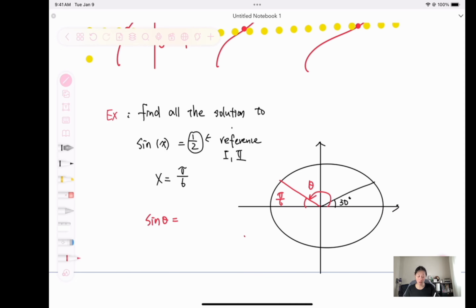So sine theta also equals 1/2. And our theta is equal to pi minus the reference angle pi over 6, which is 5 pi over 6.